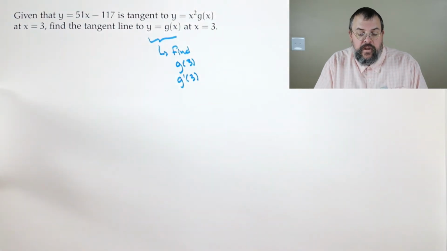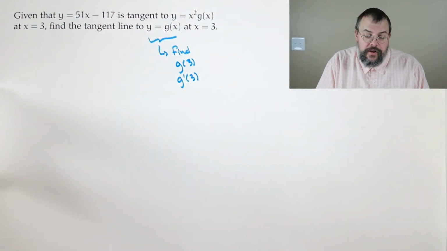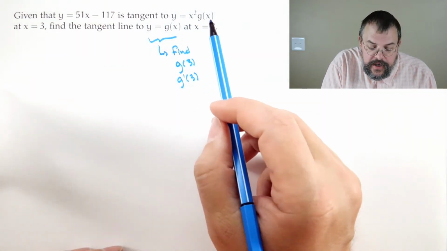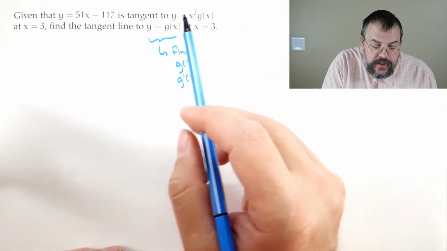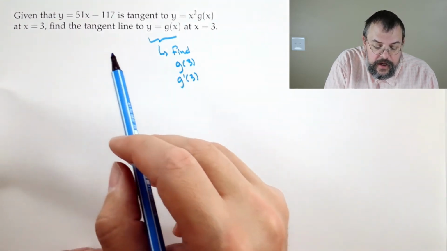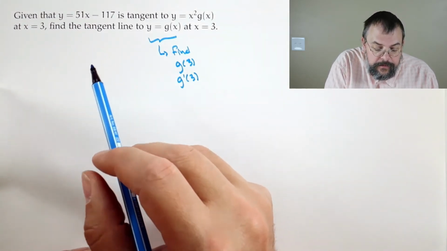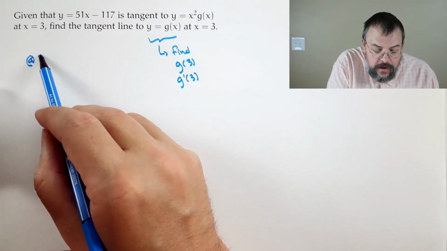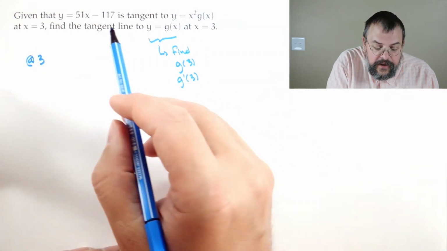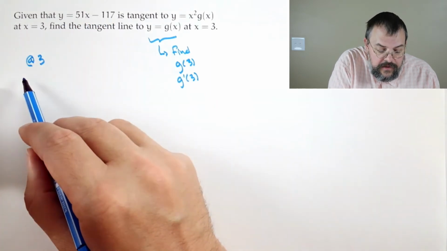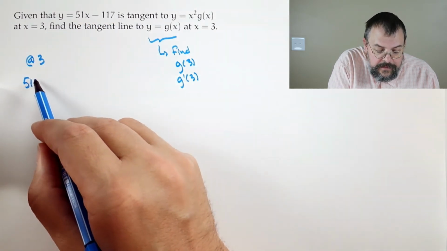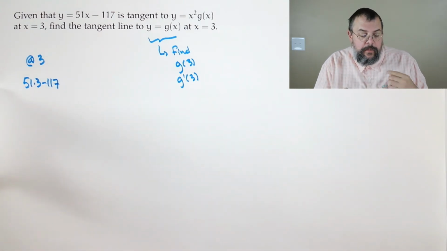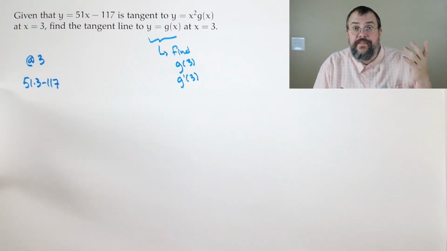Okay. So what do we know? Well, if I look at this expression here, this is our function, this is our tangent line. So let's think about what we can say. At 3, the value of this line at 3 is 51 times 3 minus 117. 51 times 3 is 153.